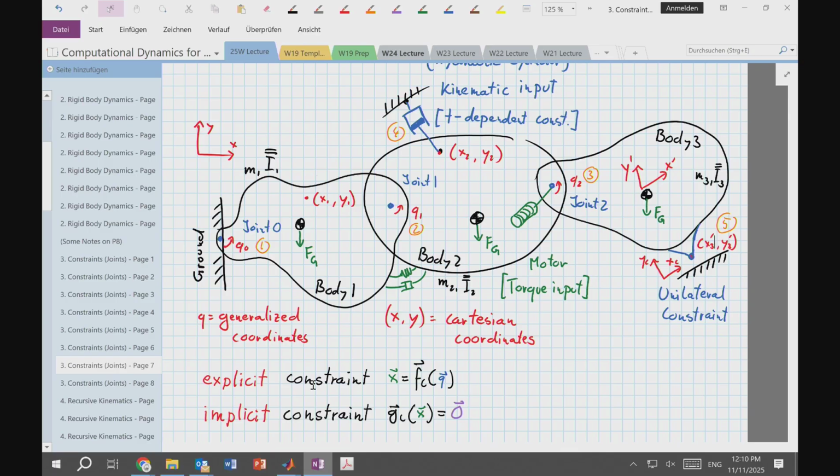What would you do for joint 1? Explicit or implicit? Implicit. Why? Because it's restricting motion. But it's also enabling motion, right?